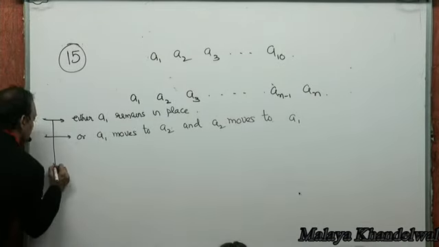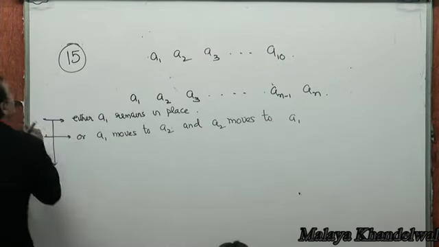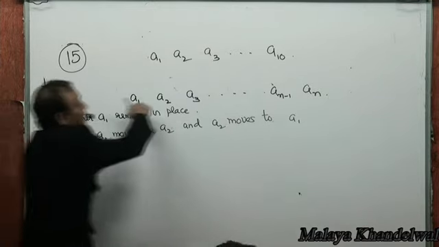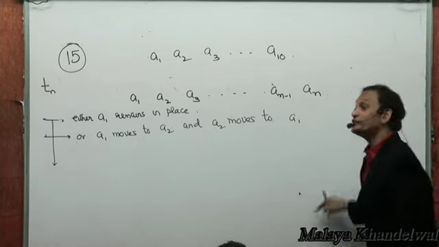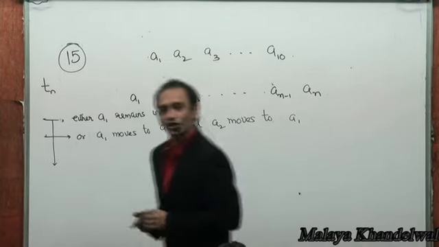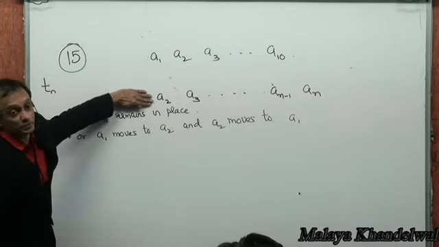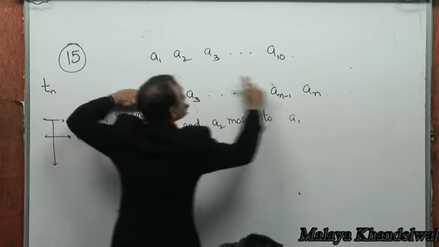Now, suppose A1 remains in position. Suppose this case, A1 remains in position, and there are Tn number of ways of arranging all of this. Suppose if there are n children, there are Tn number of ways of rearranging all of this. Which means if A1 is in position, then how many children are there?